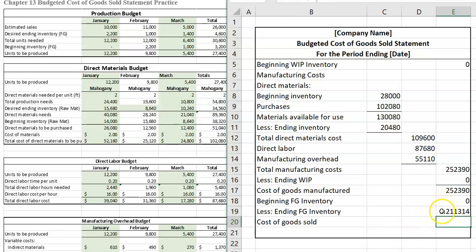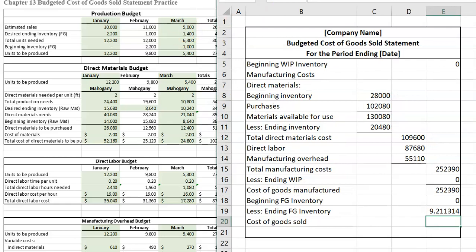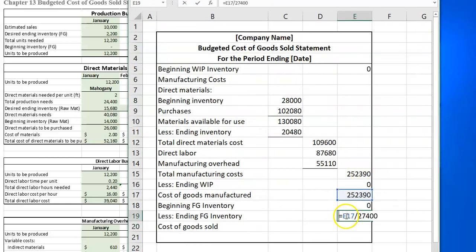The cost of each unit is approximately $9.21, and we have 1,400 units in our ending inventory in the last month of the quarter. Let's multiply that by the 1,400 units that are left, and we find that our ending finished goods inventory has a cost of $12,895.84.